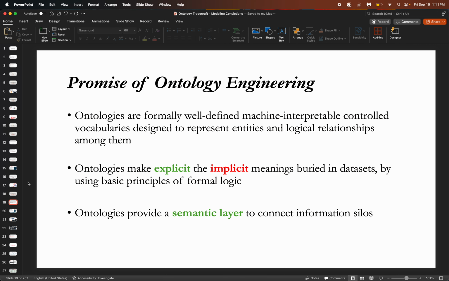Ontology engineering in general is aimed at addressing, as one of its central pillars, these sorts of interoperability problems, by creating formally well-defined, machine-interpretable, controlled vocabularies that represent entities and logical relationships among them. What we do is make explicit the implicit meanings buried in data by using basic principles of formal logic.